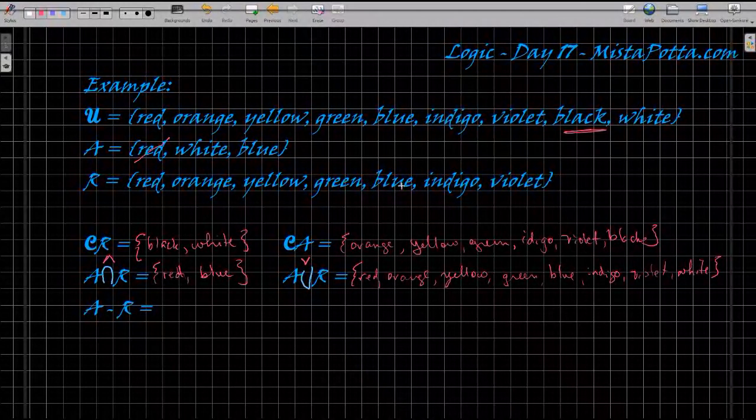Green's not a problem. Blue is a problem. I need to strike it. Indigo, violet. So taking everything from R out of that set, I'm left with a set that contains one element, the set that contains white.